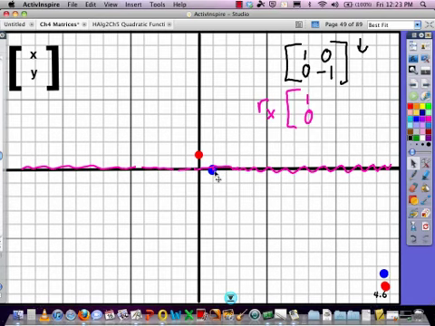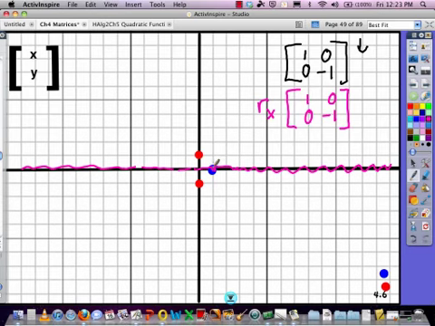Now let's take the red one and reflect it over the x-axis. Most of you would say that that point reflected over that line goes to this position. And that is the point 0, negative 1. So if we write our new matrix, we have the point 1, 0, which is where our line is at, staying right where it's at, 1, 0.